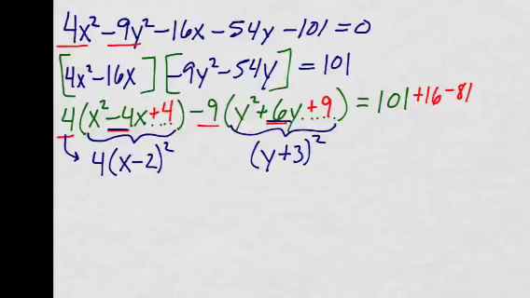Again, half of the 6, positive 6. And it's being multiplied by negative 9, equals. Let's add this up real quick: 101 plus 16 is 117, minus 81, that is 36.